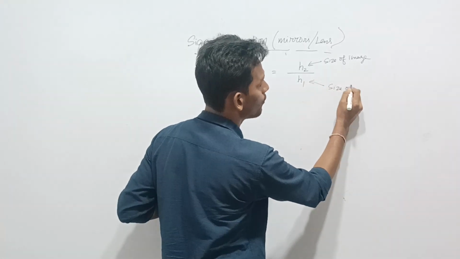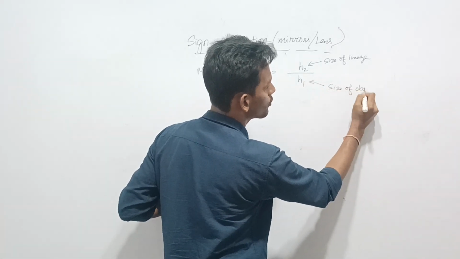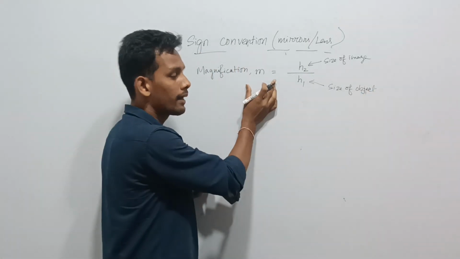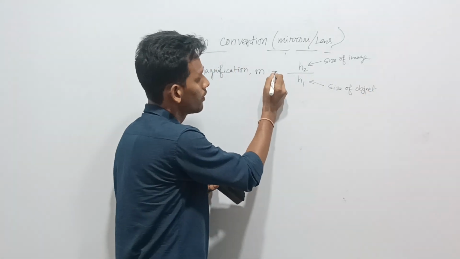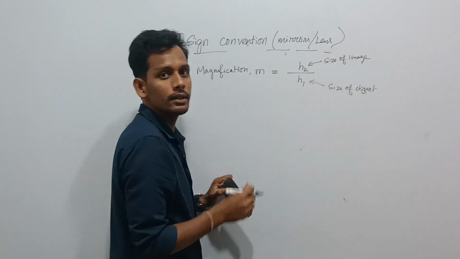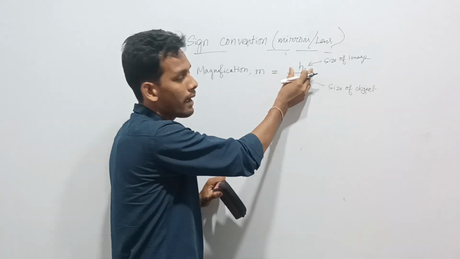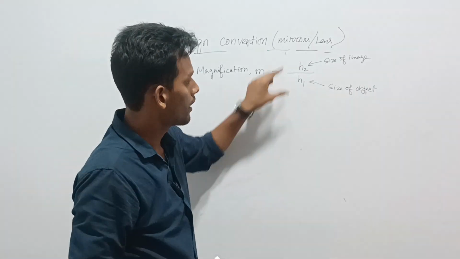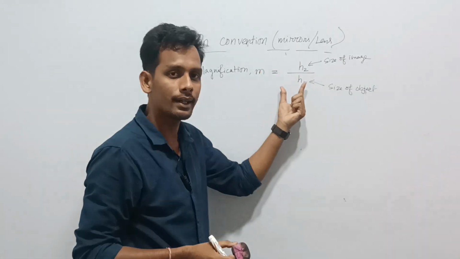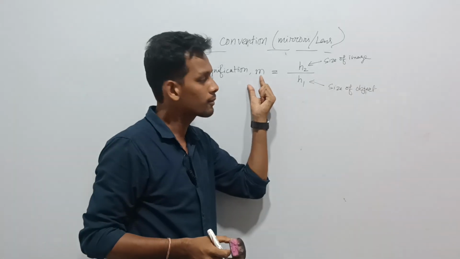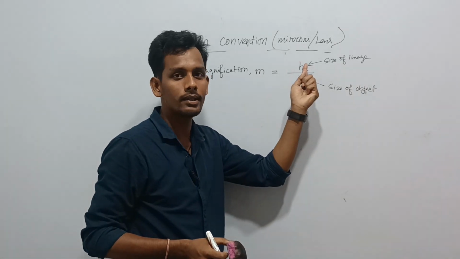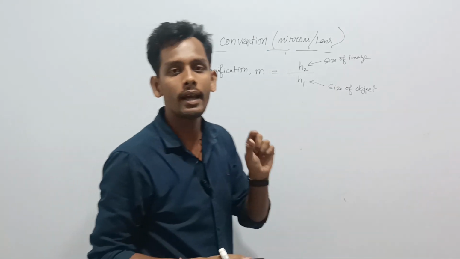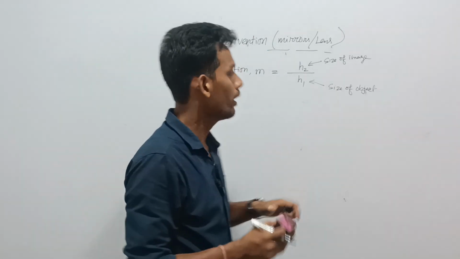H1 is the size of the object, that is, the height of the object. Clear? Now, magnification basically tells how much greater or smaller the image is than the object. The ratio gives you the answer. It explains how much the image is greater or smaller as compared to the object. That is actually magnification. Okay?